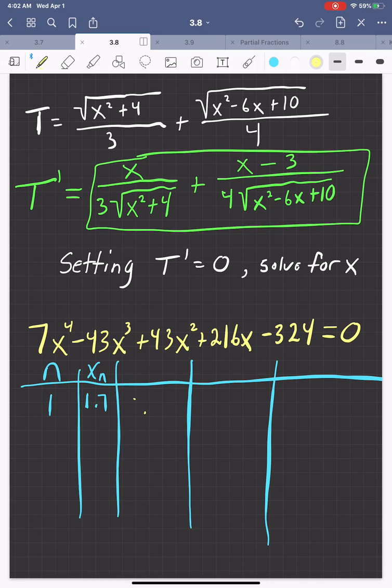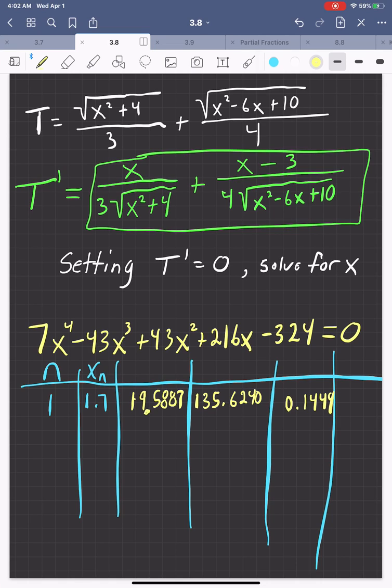So f of 1.7 would be 19.5887. And f prime would be 135.6240. The quotient of those would be 0.1444.